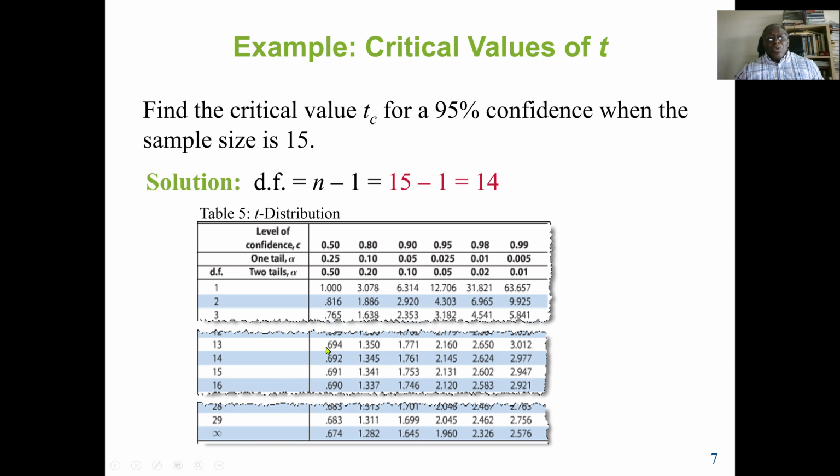So based on the table here, we can see the degrees of freedom is on the left side from 1, 2, 3 down. Then this is our level of confidence values, the 1 tail and also 2 tails values. So here, when we find the degrees of freedom, it was 14. We are looking for the critical value tc.